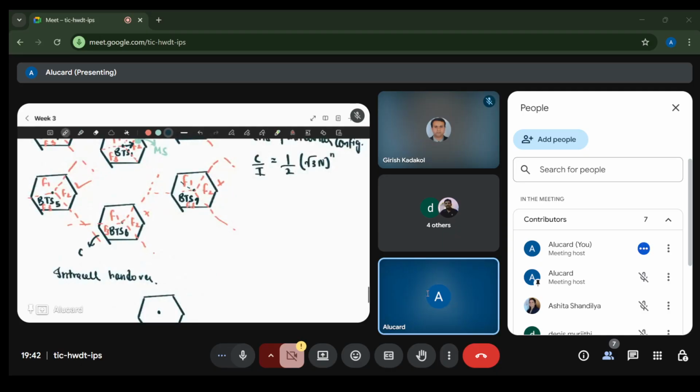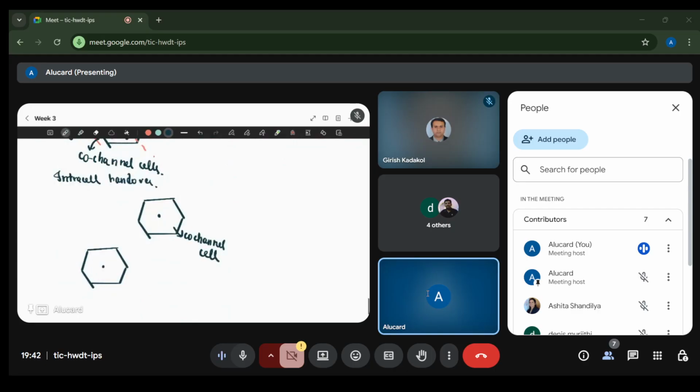Here also we are considering co-channel cells. Suppose your user, your mobile station, has been given some frequency F1, and here also there is a user who is transmitting and receiving at frequency f1. Since they're co-channels, it might turn out that both the users are using the same frequency.